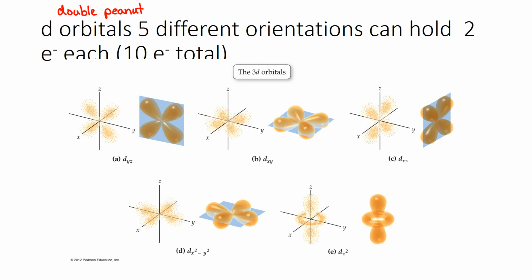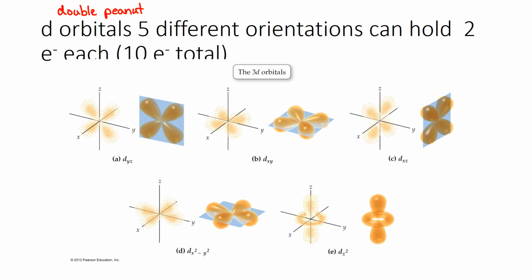Well, there's one that looks more like a flower. So D is double peanut. It has 5 different orientations, so we can have it on the Y and Z, so we have the dyz. We can have it on the x and the y, so we have dxy. We can have it on the x and the z, so we have dxz.